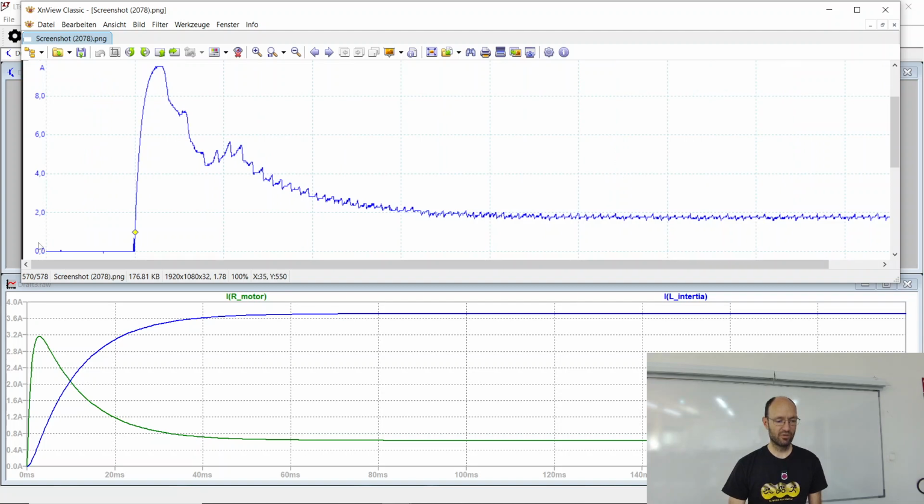Still, if we take a look at the axis here, the current went up to almost 10 ampere. In our simulation, we only go up to 3 point something ampere. What might be the cause for this? What might be the difference between this measurement and the simulation?